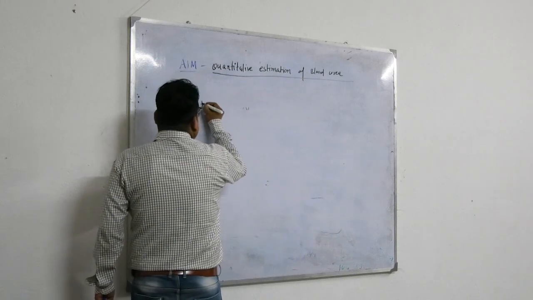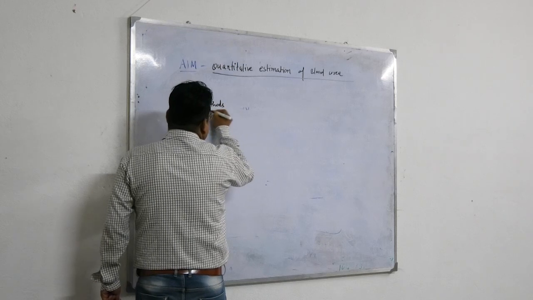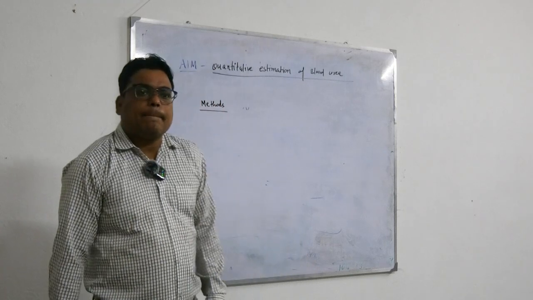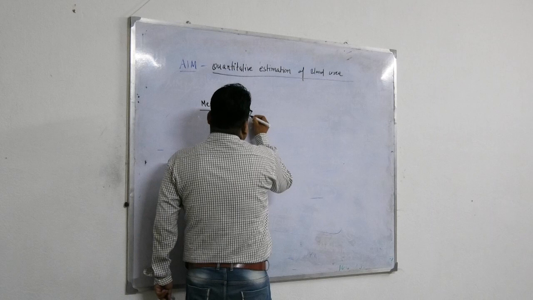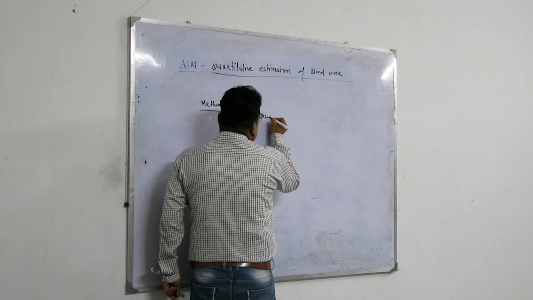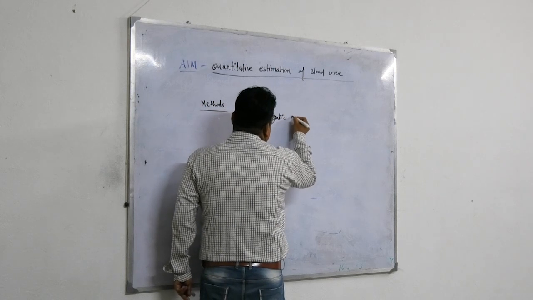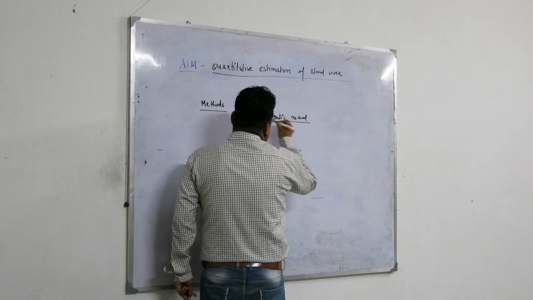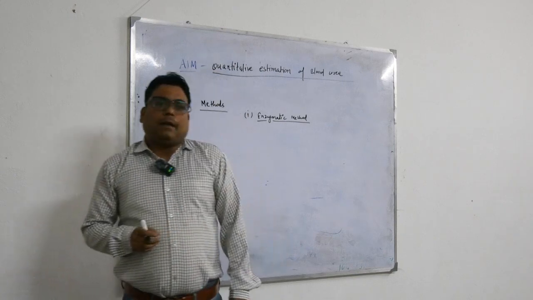Now the second heading is methods. The first one is the enzymatic method, same as blood glucose.